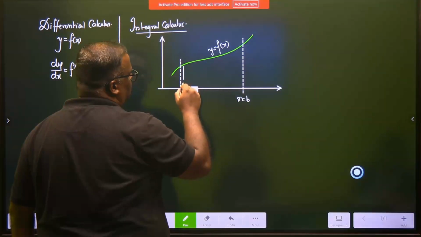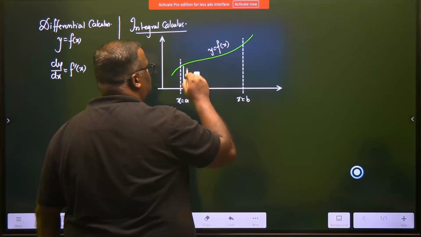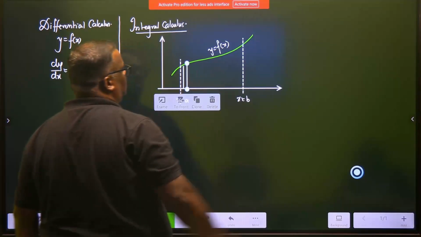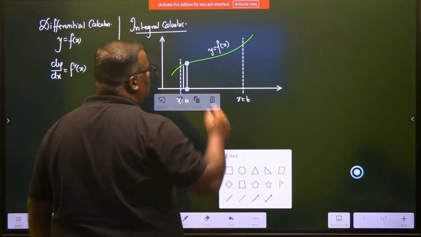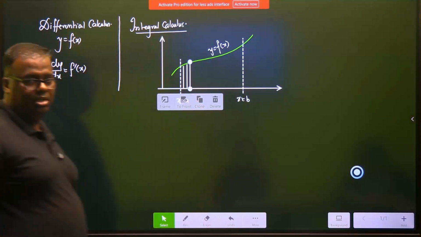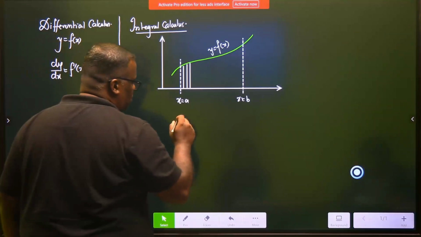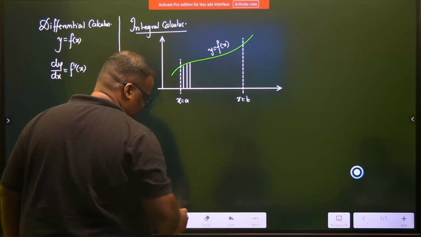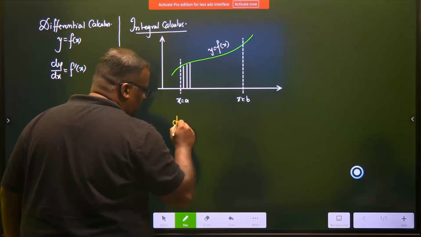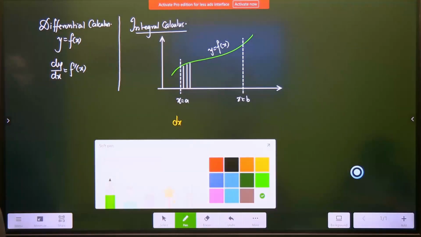Let's say this is one partition, then this is one more partition, then this is one more partition. Each partition has a width which is equal to, say, dx. dx is the width of each partition.